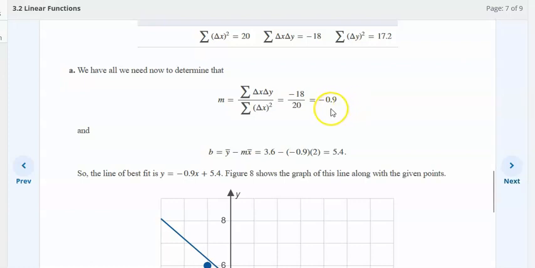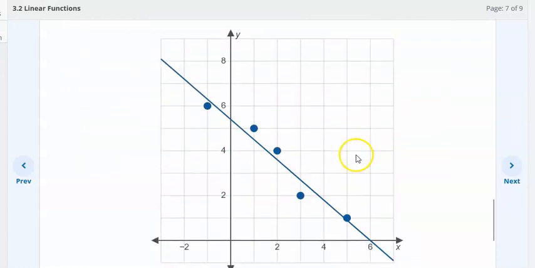Now, if we use this as our slope and take one of the points, we could figure out what our y-intercept might be. And here it looks like 5.4. And a slope of a negative 0.9, which is just a little less than a negative 1.